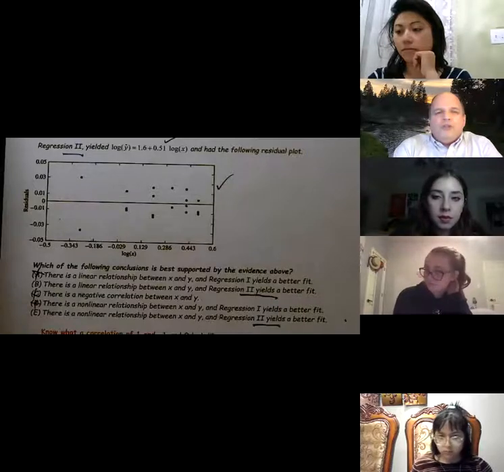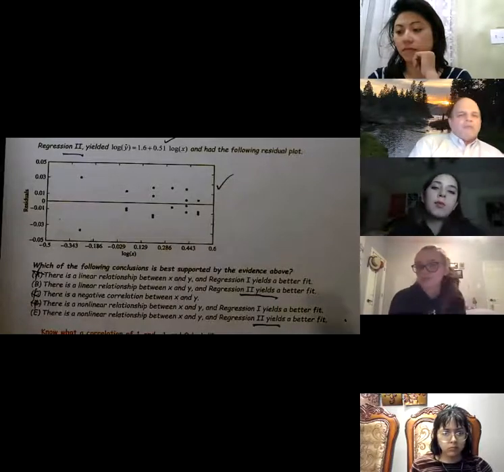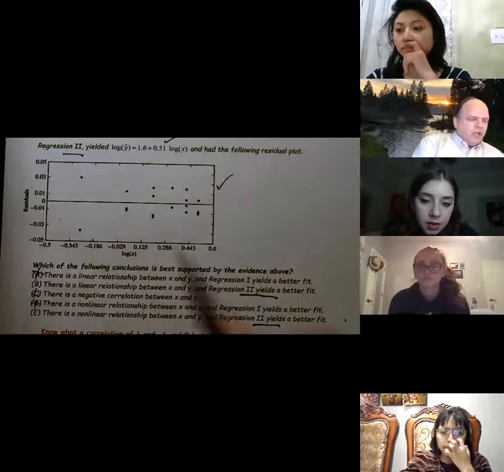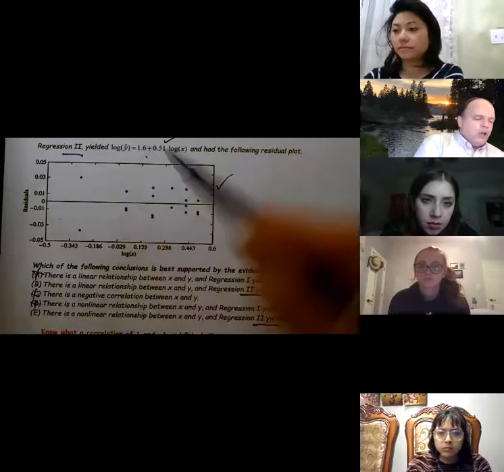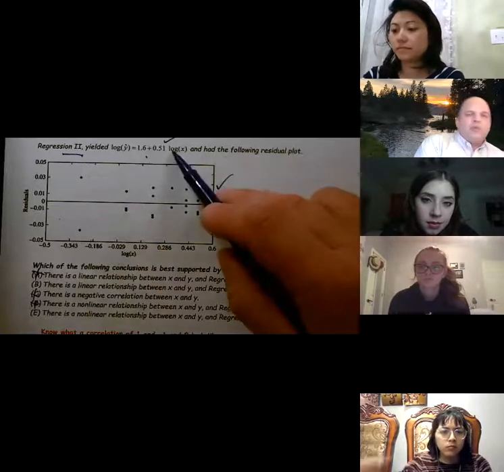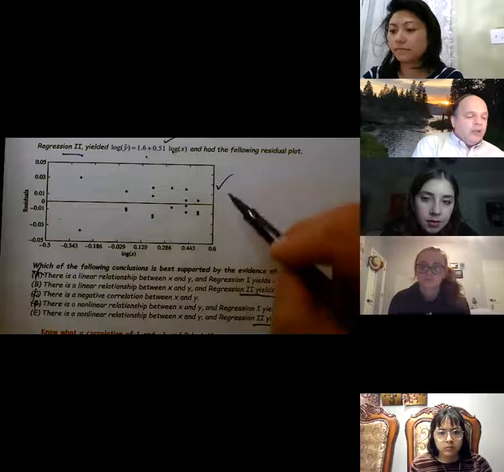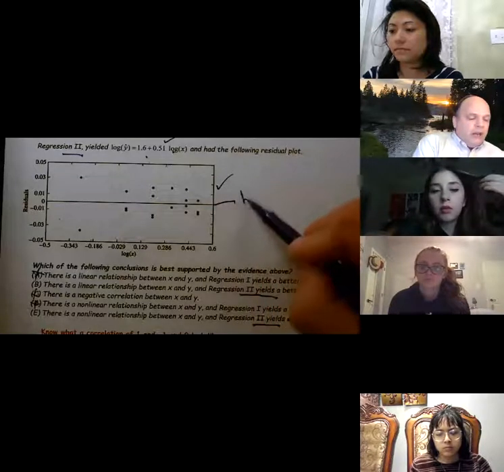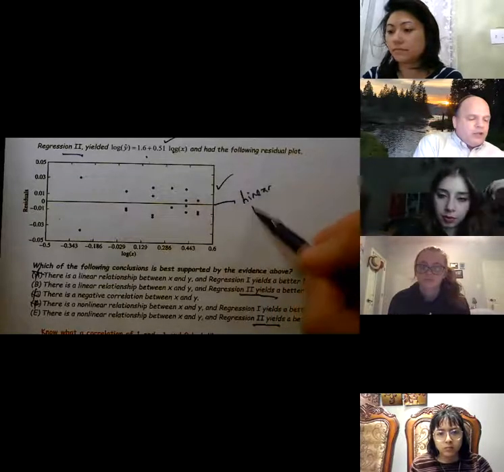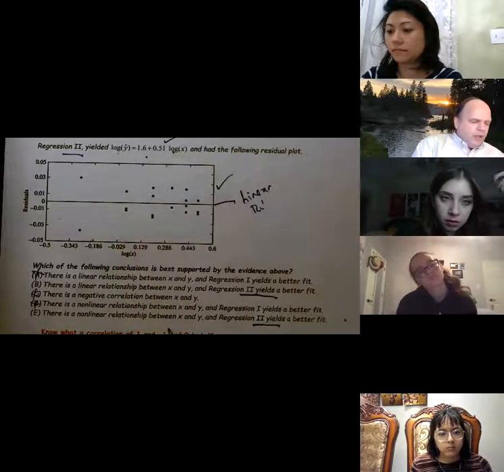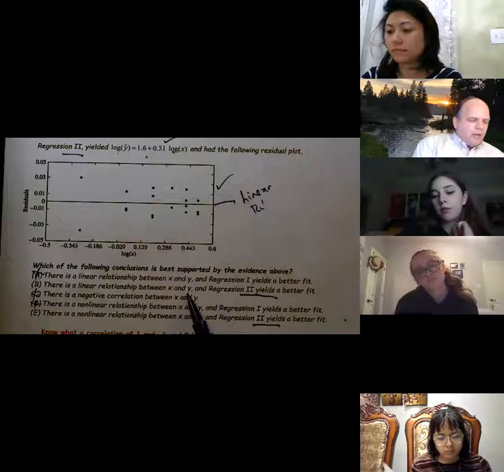Really big question to you. There is a linear relationship between X and Y. No. There's a linear relationship between log Y and log X. Because this tells me, hey, this model gives a linear relationship, but it gives a linear relationship between log Y and log X. And you go, well, what about this X and Y bit?